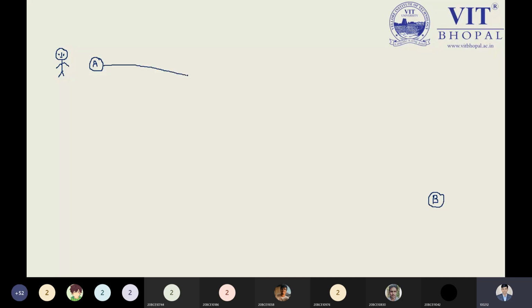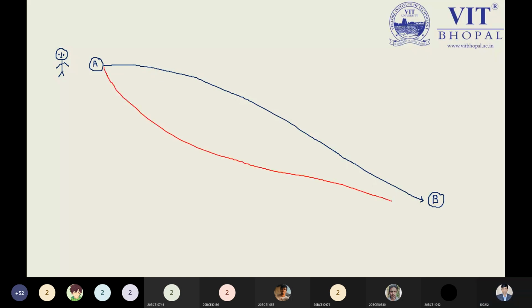The person can go directly from A to B city with this path, or there is another path, because in this world we are not following a single path, we can have many paths. So this person can go via this path. This is another path, so I'm drawing it in a different color.